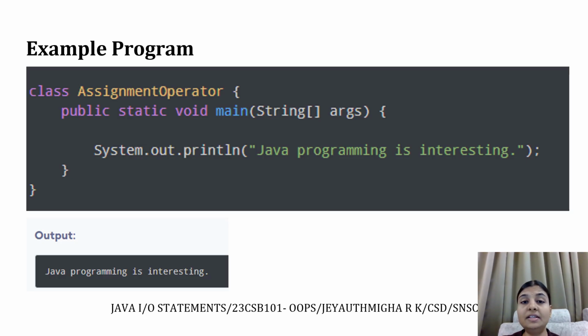The string which we need to print on the output screen needs to be enclosed within the double quotes. Then we have the semicolon to end the output statement here. The following program, after execution, will print "Java programming is interesting" on the output screen.